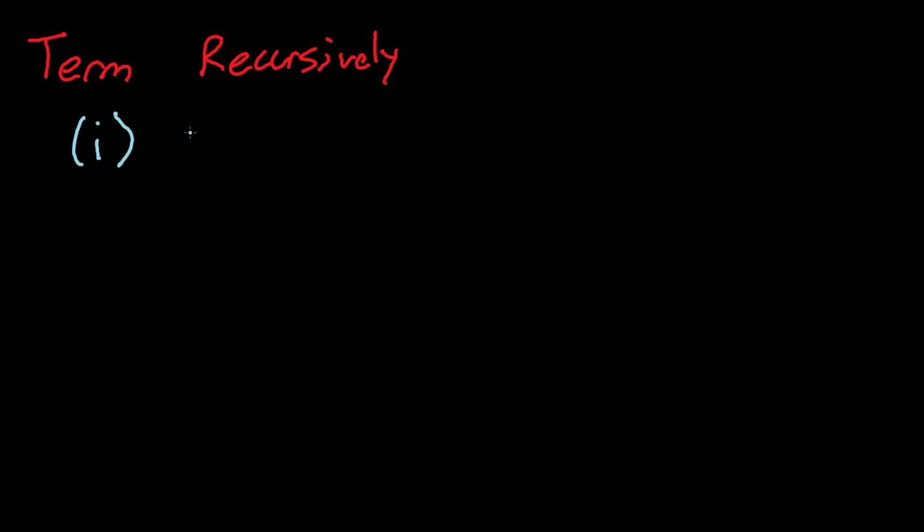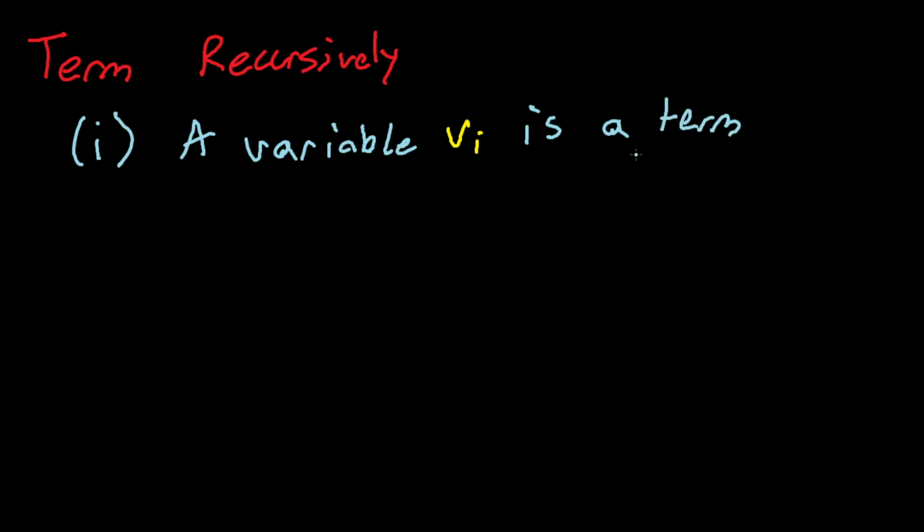So I claim a variable v1, or I'll actually call it vi to be more general, a variable vi is a term. That's sort of our base case. Just like how a sentence symbol was a base case, a variable is a term. And now there's actually a second base case, which is, of course, a constant symbol.